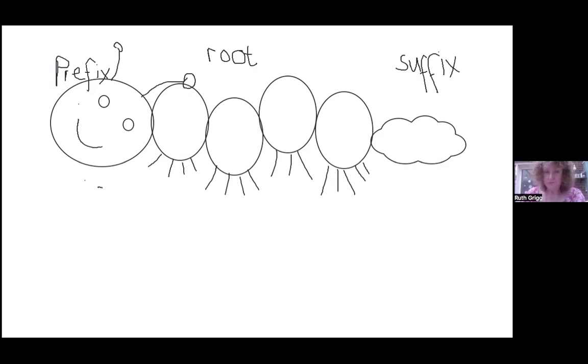unreal. So real is the root word here, look. That's the main body of the word. And I'm putting un here. Unreal. So that goes before this bit. But this changes the meaning of this, doesn't it? Real means real.